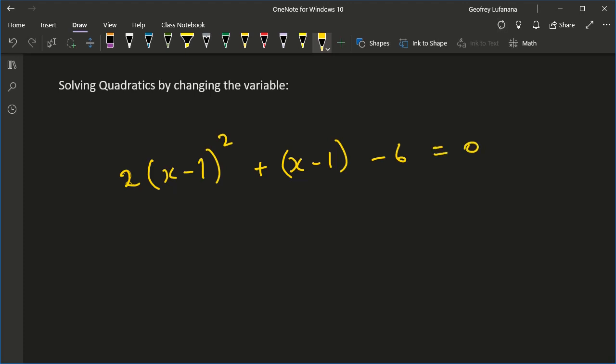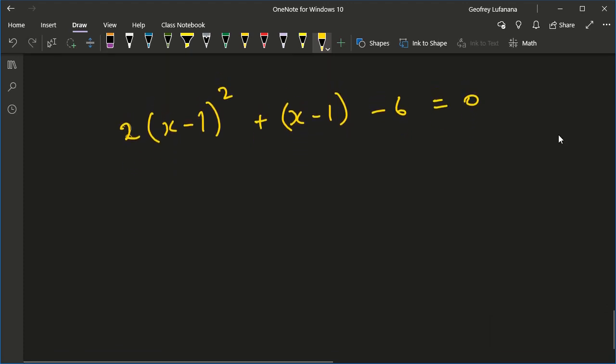Now, one way is, why not expand (x minus 1) in that case and get a quadratic in x? You can do that. It's a bit tedious, but it also works.